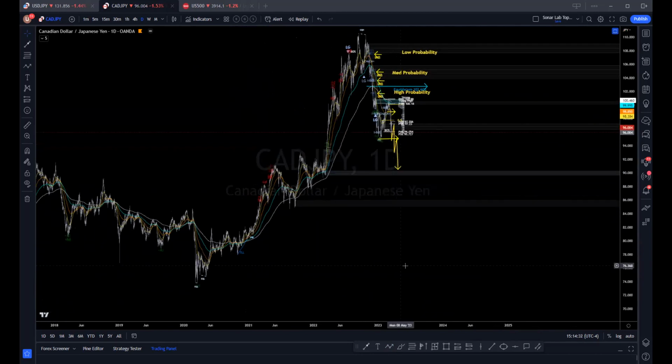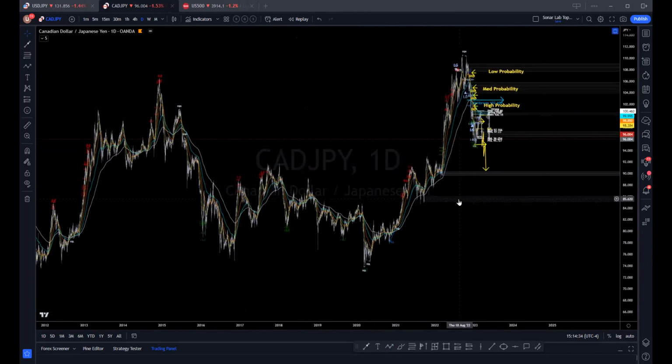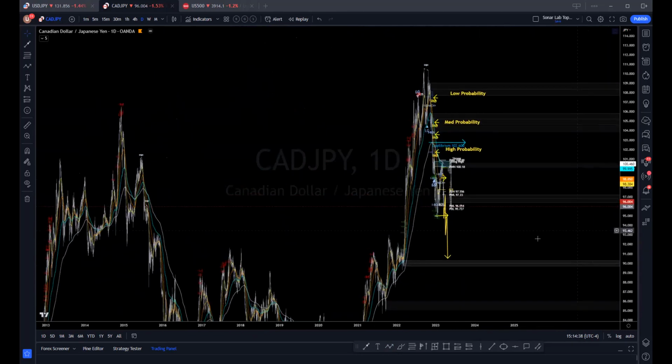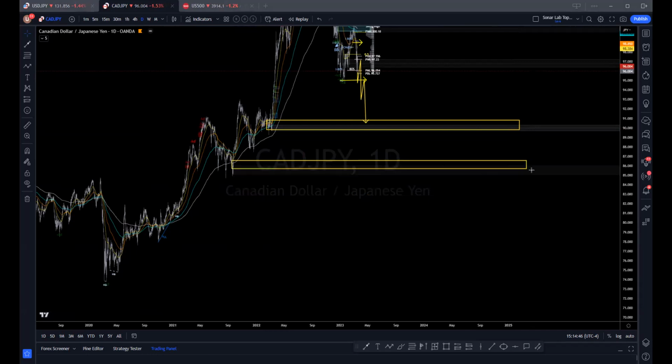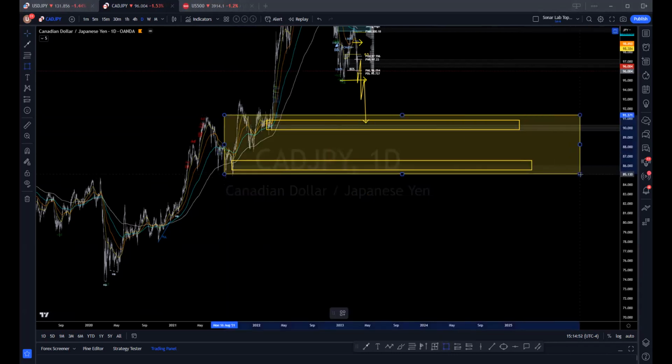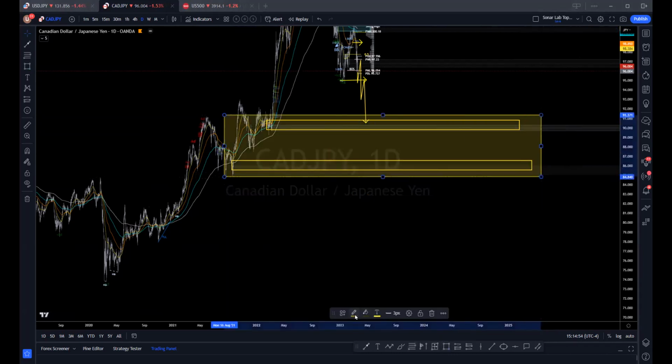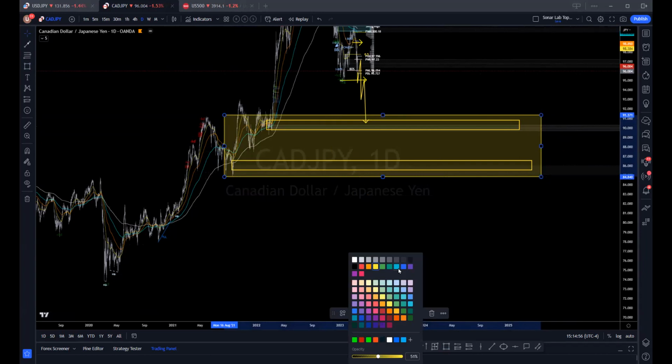That's what I'm saying. We could go this low, and then we'll come back high. So anywhere in this level for CAD Yen, here you're looking to go long, or here, go long. Either way, anything in this area will be our demand zone.